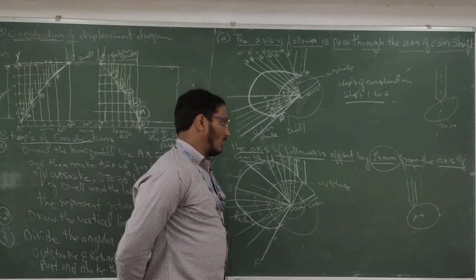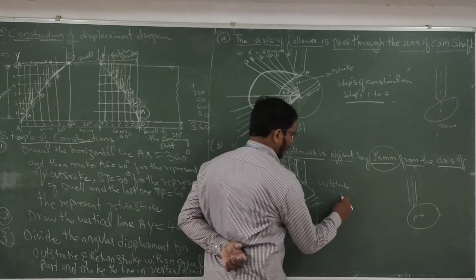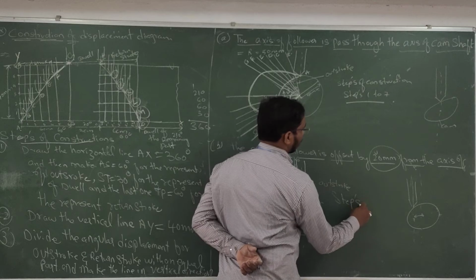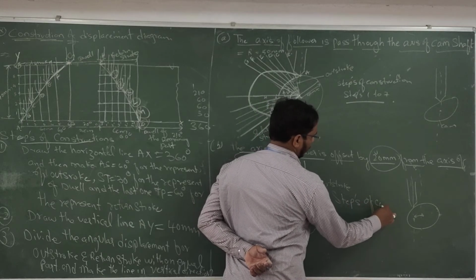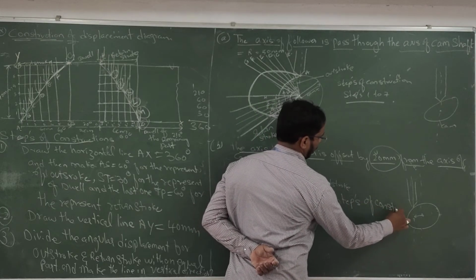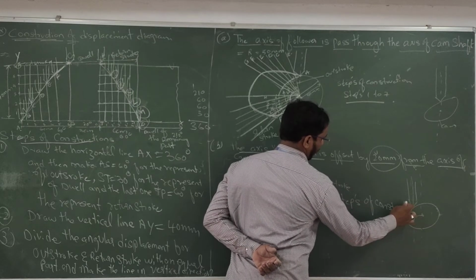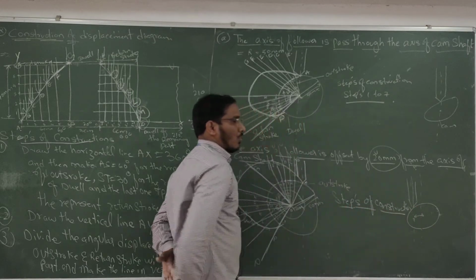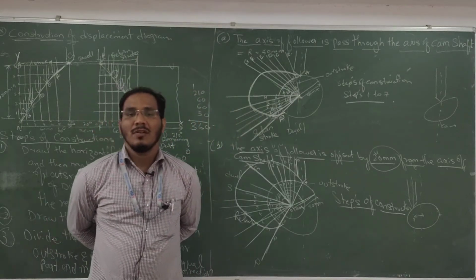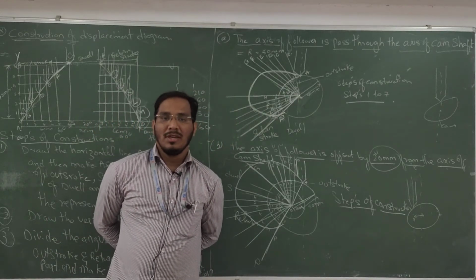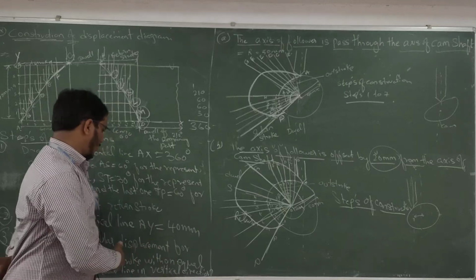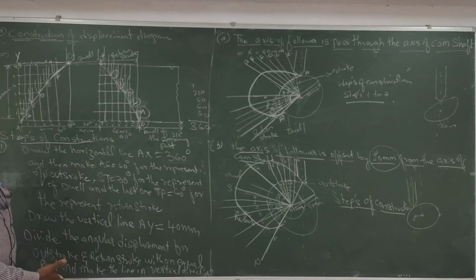Okay, so here you have to also write the steps of construction. So make your own steps of construction. If you are not able to make it, it is an easy one because I already wrote the displacement diagram.